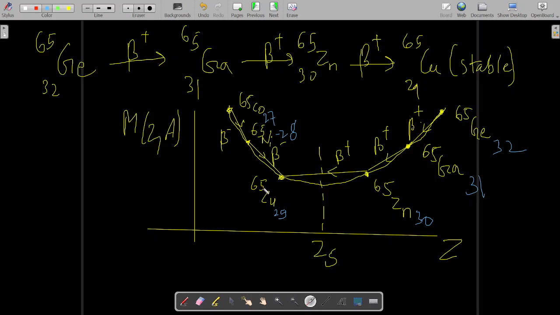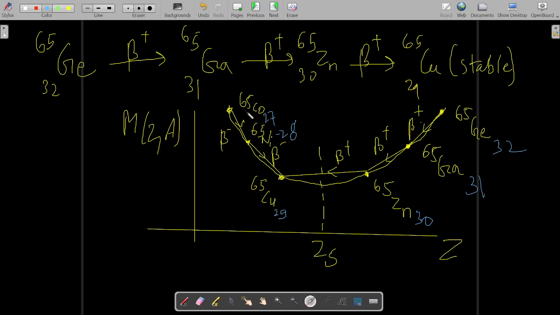Only then is it the most stable nuclear configuration, suppose. When 65 mass number corresponds to 29 atomic number, such a situation is the most stable nuclear configuration.